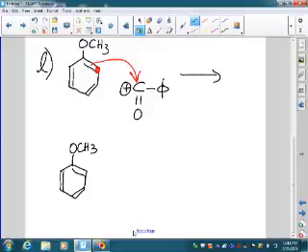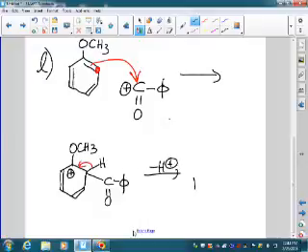And then, whoops, I don't have too many bonds in there. The plus charge will be at the next door carbon. We have our H, and then we have our acyl group, and then minus H plus.